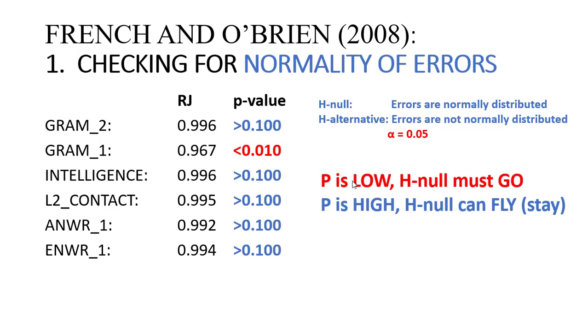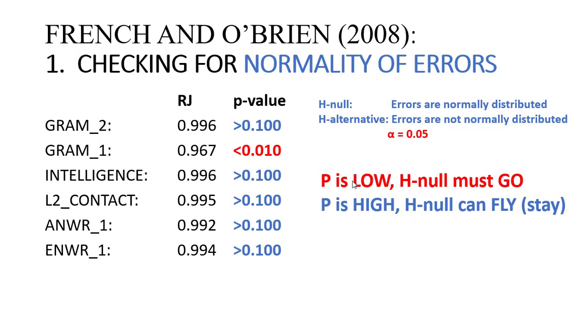In other words, it can stay. You do not reject it. So, if we get a p-value in this case that is lower than 0.05, we have to reject the null hypothesis. And if we get a value of p that is higher than 0.05, then the null hypothesis stays.